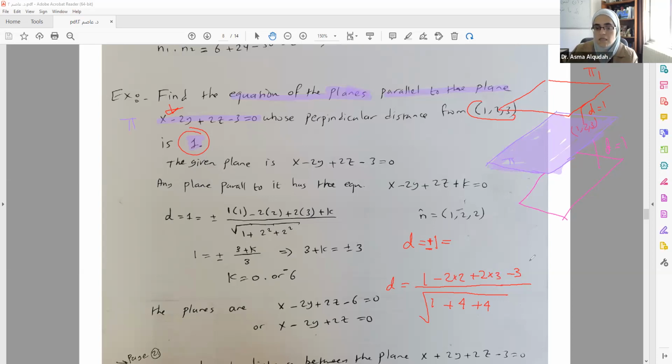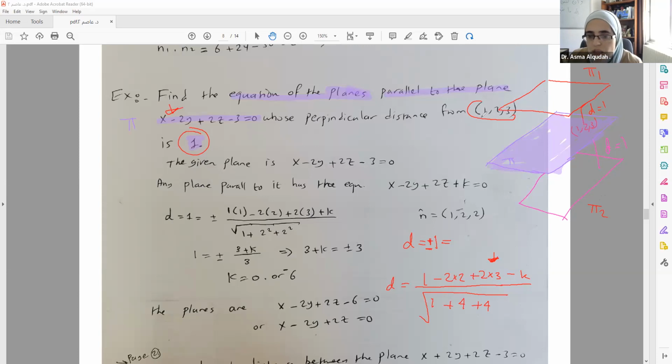Oh, of course, there's one mistake here. We need to be careful about it. This is the equation of the plane we are trying to find, so this is the unknown plane, which is pi 1 and pi 2.